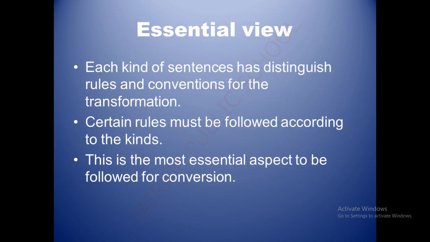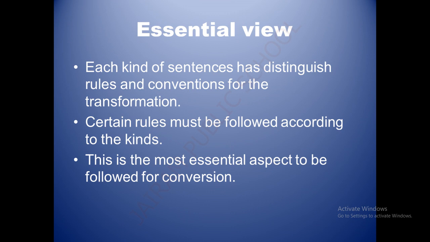Next, the essential view. Why I have been talking about these four kinds since the class started is, first point, each kind of sentence has distinguished rules and conventions for the transformation. Each kind has distinguished rules and conventions to be followed while you are transforming direct to indirect.